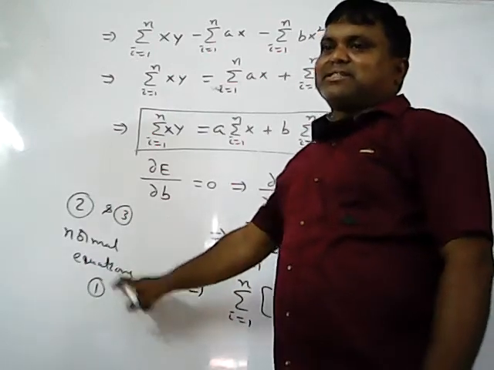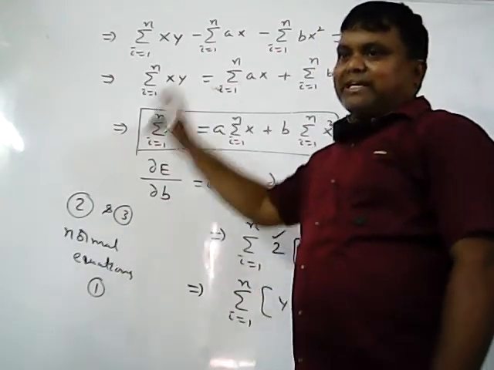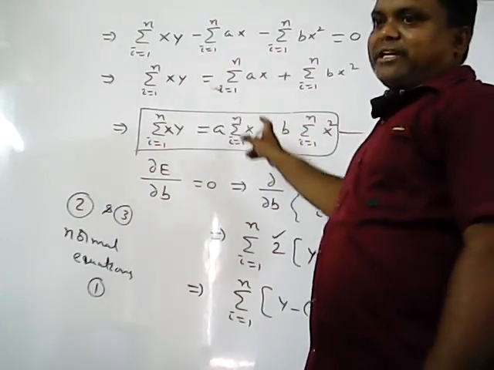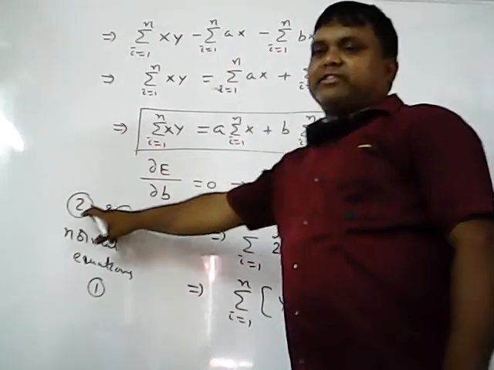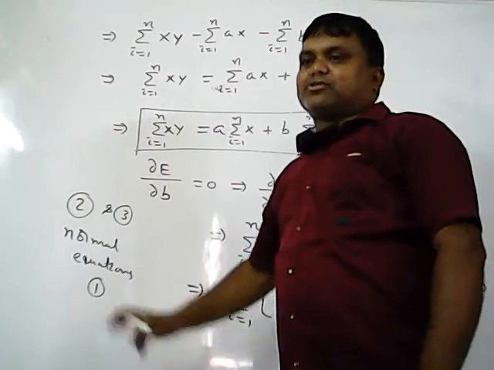Equation 1 means what? Straight line, y equal to a plus bx. Two normal equations I got. What are the normal equations? This 2 and 3. So 2 and 3 are called normal equations to equation 1.